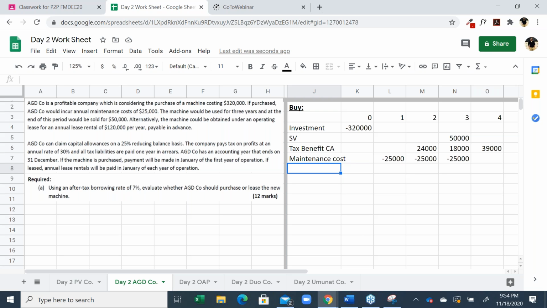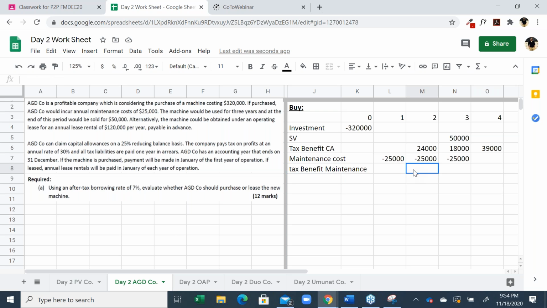So there should also be tax benefit related to maintenance cost. Because of maintenance cost, our tax liability will be reduced as it's a tax allowable expenditure. So on one hand, we will be paying $25,000 of maintenance cost and should be shown as negative figure. But on the other hand, we will be claiming this as a tax expense and it will be reducing our tax liability. So we should be showing it as a tax benefit as well.